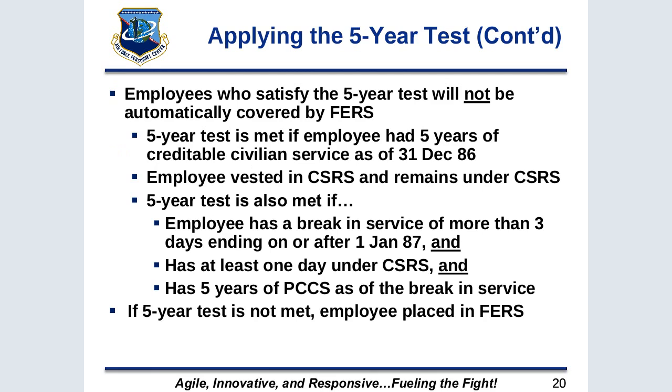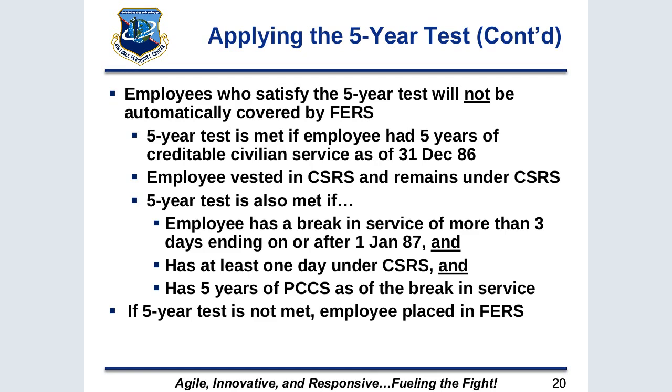Employees who satisfy the 5-year test will not be automatically covered by FERS. The 5-year test is met if employees had 5 years of creditable civilian service as of 31 December 1986, are vested in CSRS, and remain under CSRS.